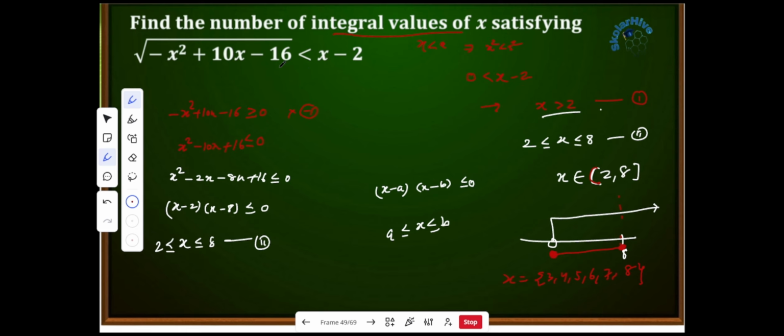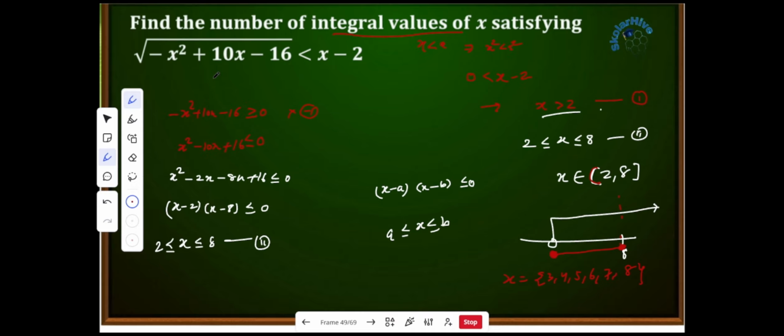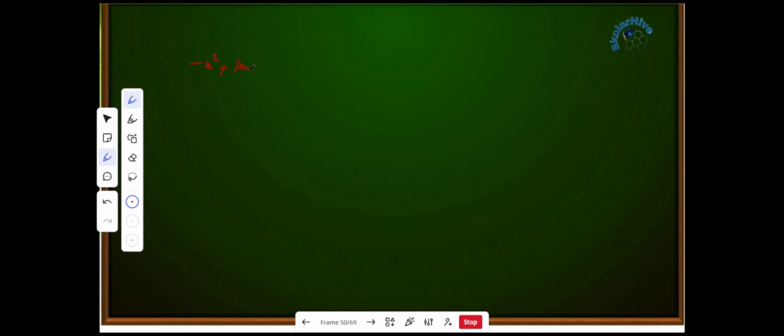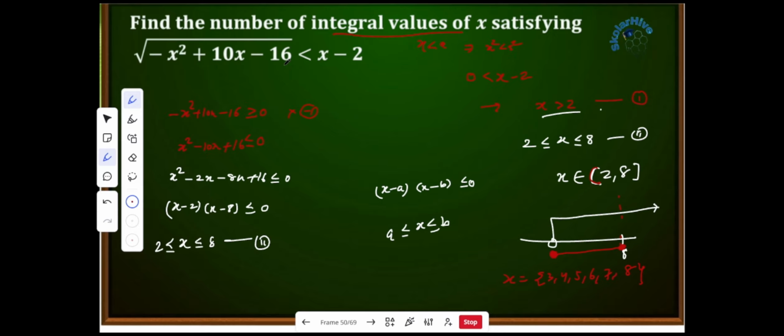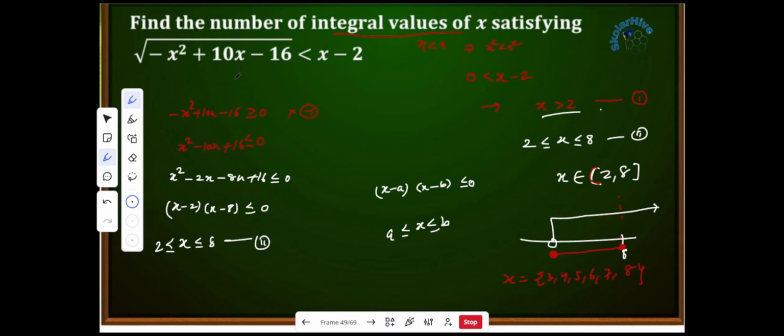If we square both sides, we'll get the left side as minus x square plus 10x minus 16 less than x minus 2 whole square. As we are squaring, the square and square root cancel, and this side will be the square of this.